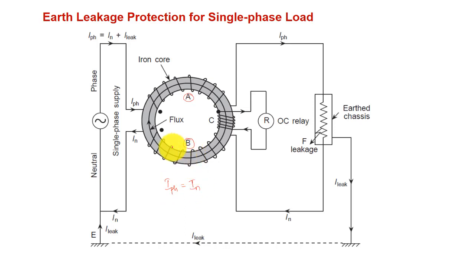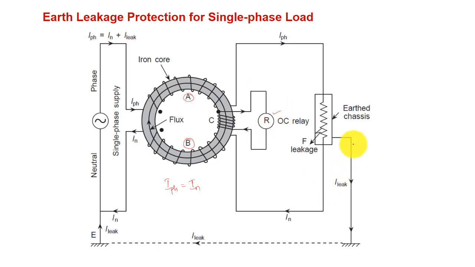Therefore the flux produced by coils A and B will be equal and opposite. So there will be no voltage induced in coil C, which is connected to the overcurrent relay, and no current through the overcurrent relay. Therefore it will not respond.